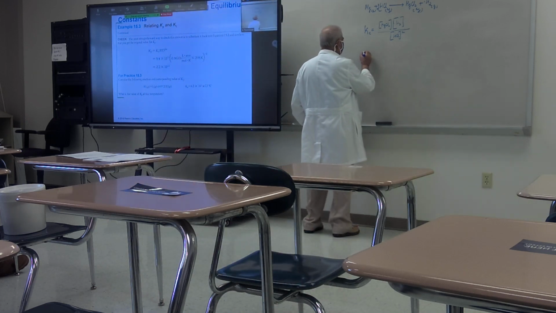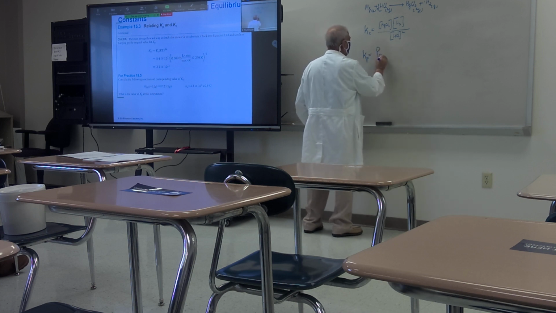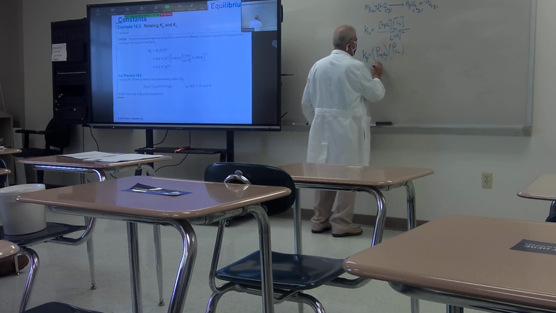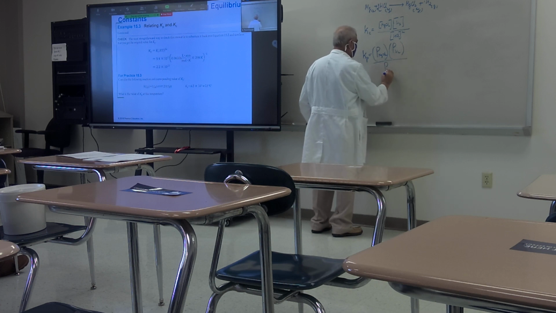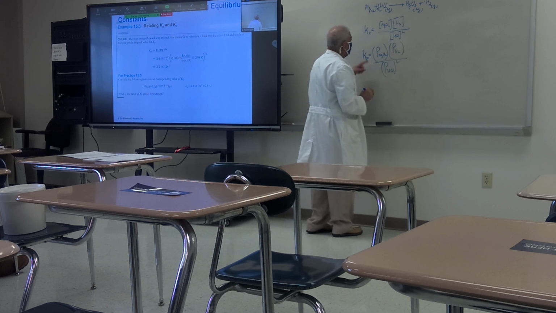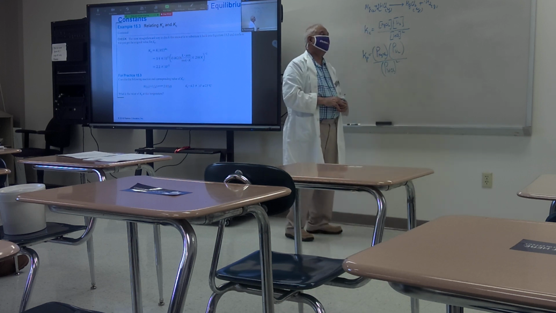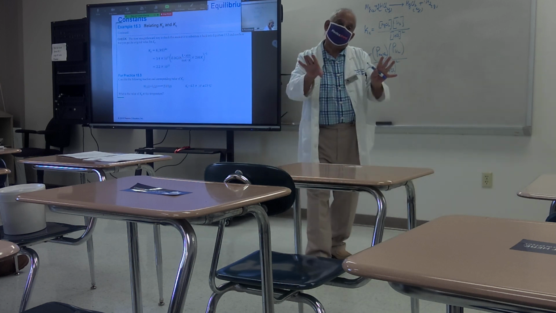Similarly, when you write for Kp, the partial pressure of MgCl2, the partial pressure of H2 over the partial pressure of HCl to the power of 2, you are not showing the solid. Whenever you have a solid as a reactant, the solids will never appear.